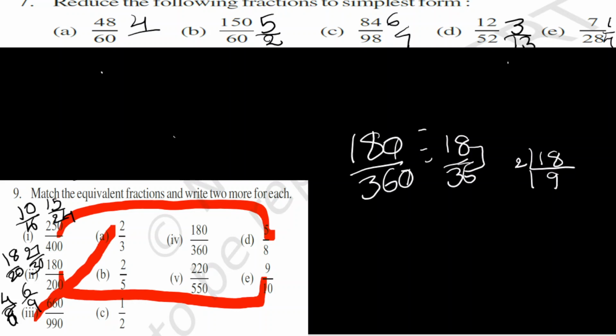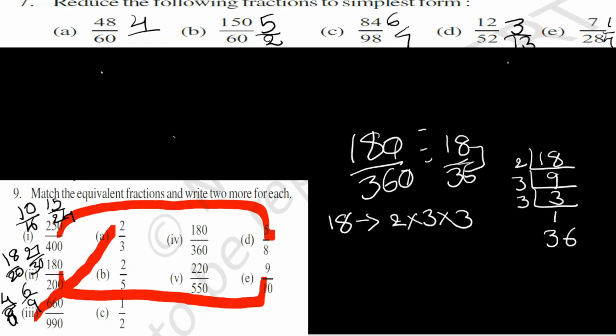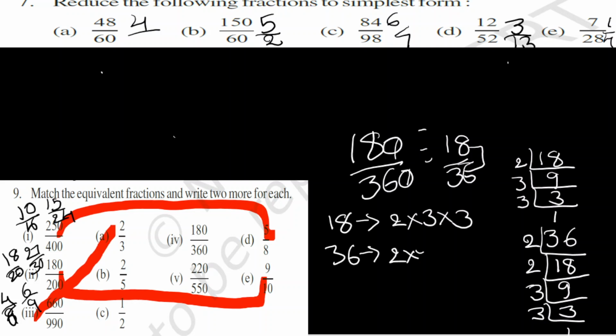18 can be expressed as 2 into 3 into 3, and 36 can be expressed as 2 into 2 into 3 into 3.